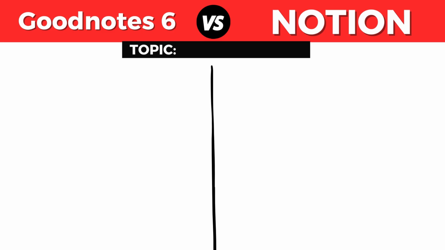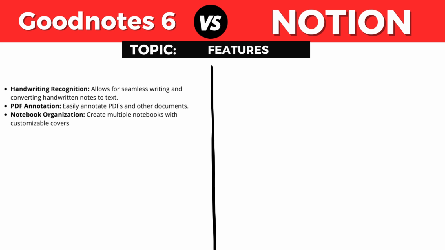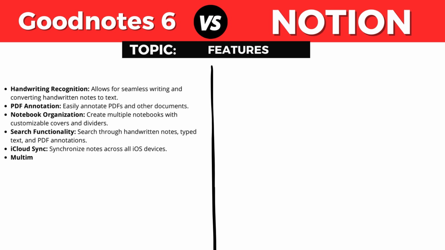So people, welcome back to my computer, and first we're going to go over the features. The features of GoodNotes 6 are the following. We have handwriting recognition, which allows for seamless writing and converting handwritten notes to text. We have PDF annotation, to easily annotate PDFs and other documents.